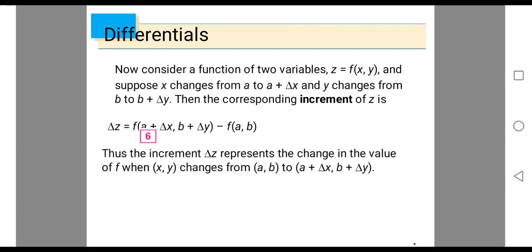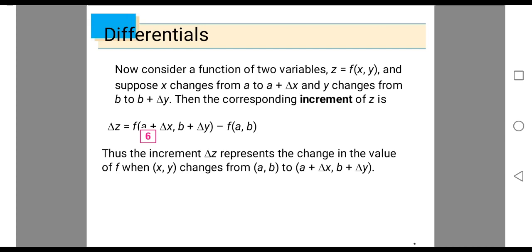So our delta z is equal to f of a plus delta x, b plus delta y, minus f of a, b. In the previous equation we had minus f of a, but here we have minus f of a, b. We simply added one variable. That's all. We just got equation 6, and that's how we do the differentials for multiple variables.